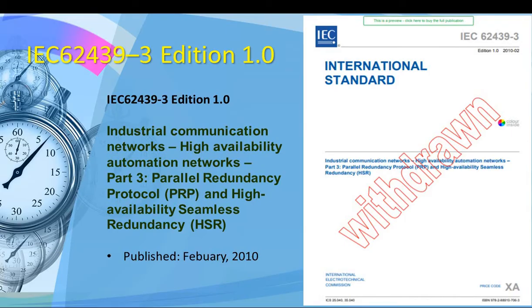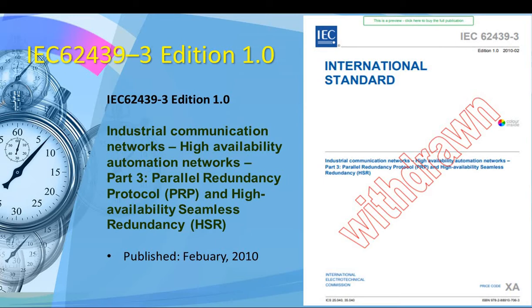IEC 62439-3 edition 1 was released in February 2010. Its whole name is Industry Communication Networks, High Availability Automation Networks, Part 3, Parallel Redundancy Protocol and High Availability Seamless Redundancy.